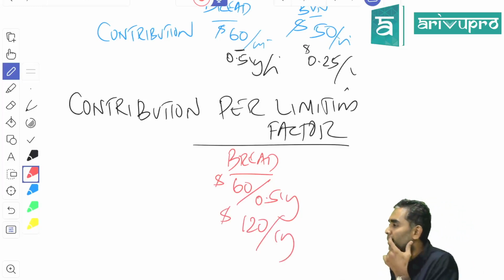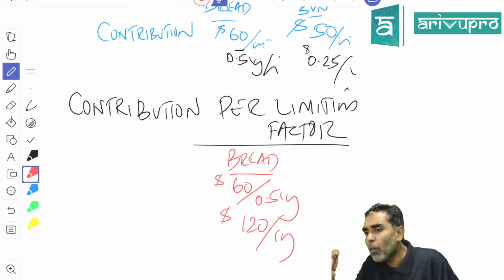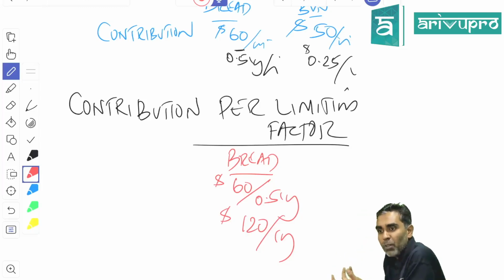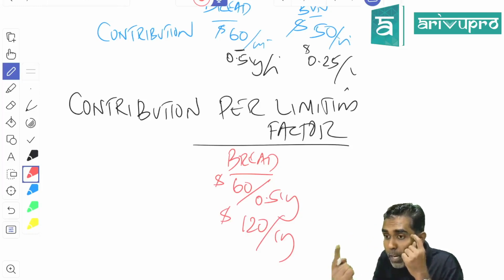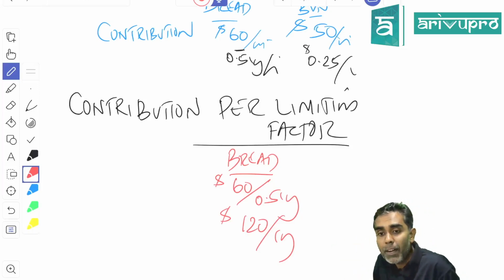Is that understandable? Which means whenever you give 1 kilo to bread, 1 kilo from your available shortfall resources, that is the resource we are going to use to make maximum profit. Whenever you give 1 kilo to bread, that bread gives you a contribution of how much?